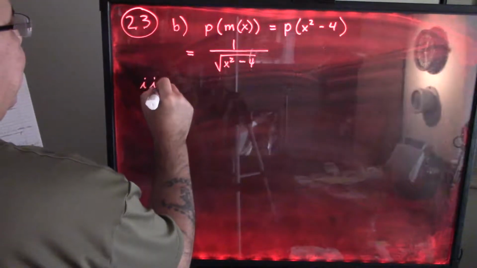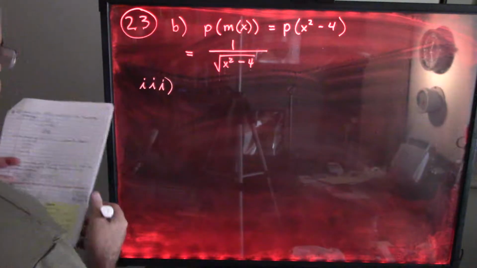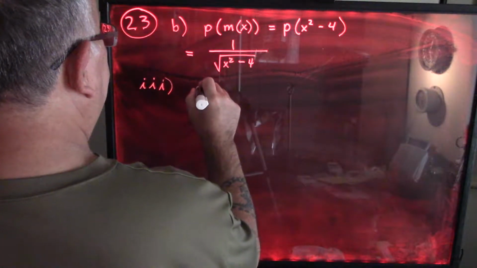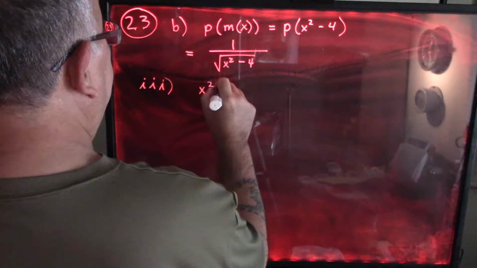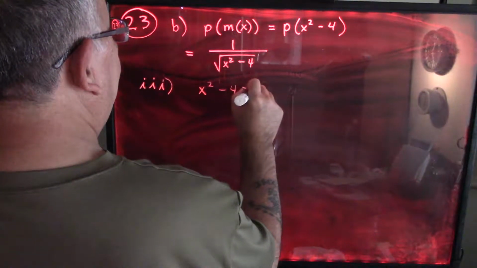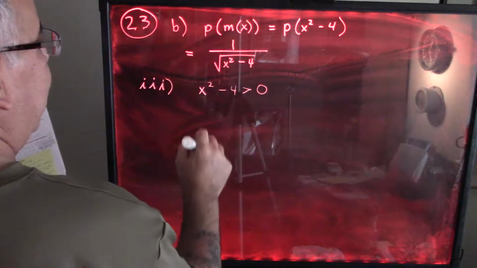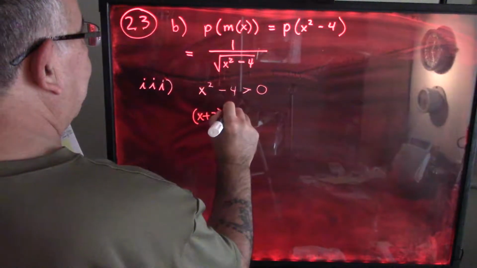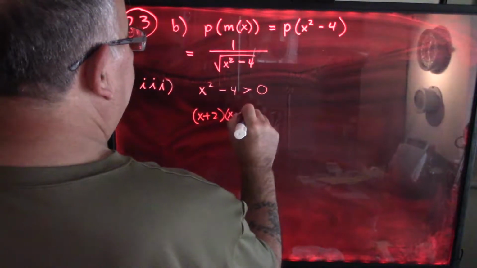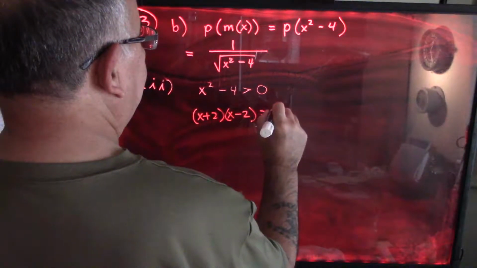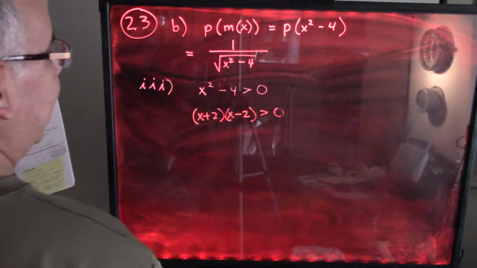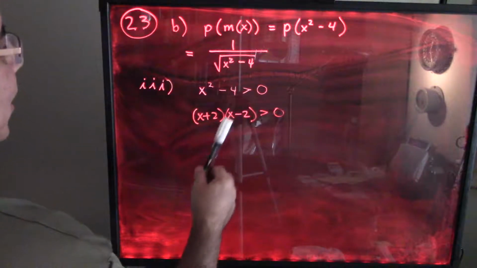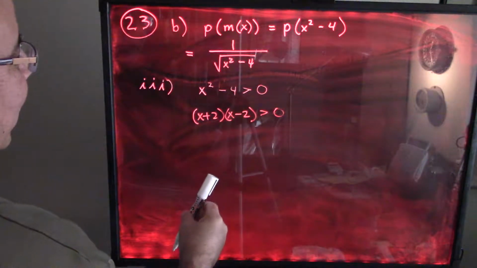So you've got x squared minus 4 is greater than 0. That's the inequality that we need to solve to find the domain. This is factored as x plus 2 times x minus 2, difference of squares, is greater than 0. All right. Now think about this inequality. You have something times something is greater than 0. What does that imply?